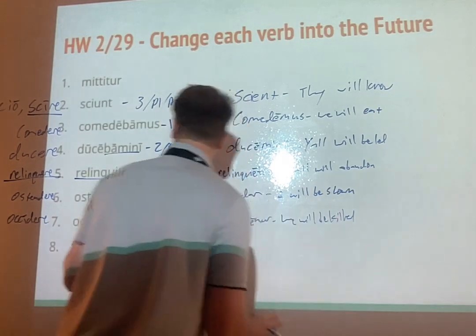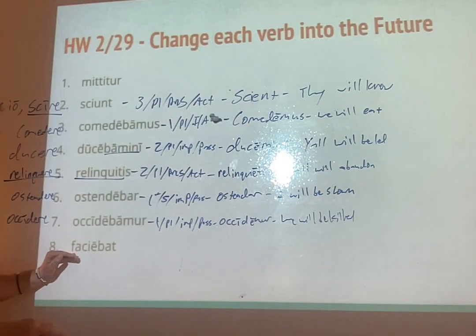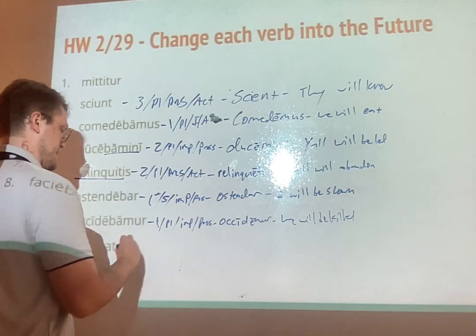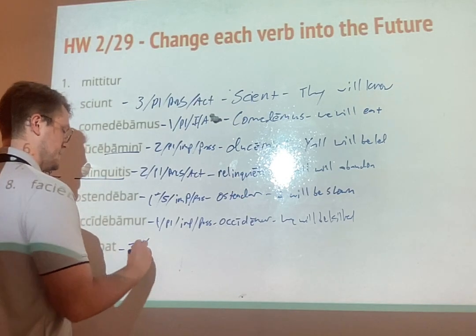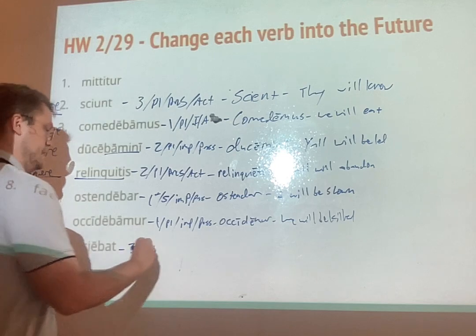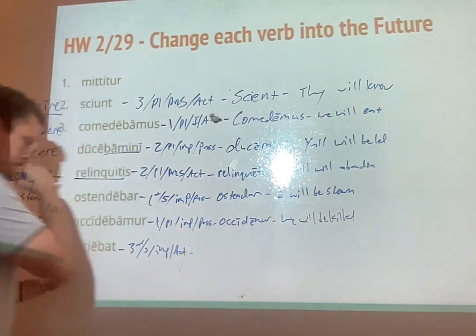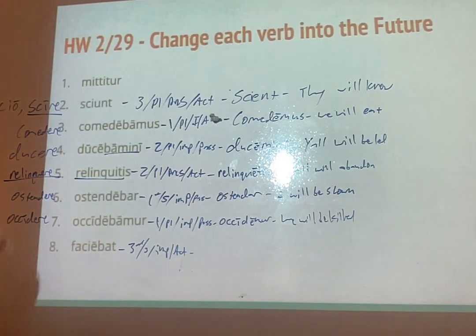Good. All right, last one, faciēbat. Parses how? Third. It's third. Singular. Imperfect, active. Good. All right, so now what does this verb look like in its infinitive? The first two principal parts are actually pretty important for this one.